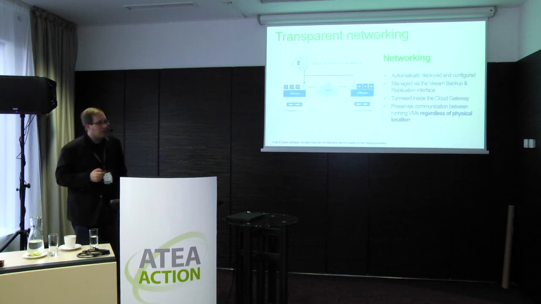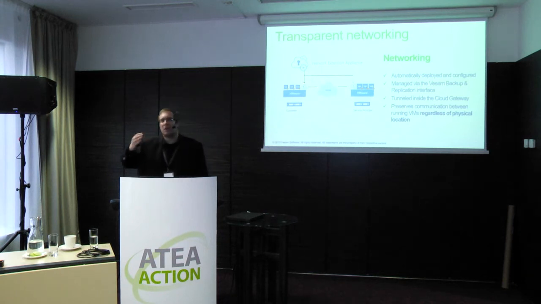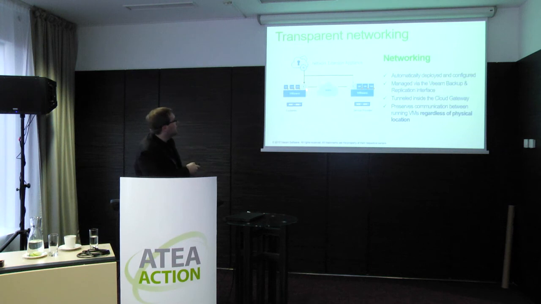So what happens right now if you lose, for example, this VM? Let's say its address is 10.10.10.25, just as an example. You lose it, and this VM gets booted up on the partner infrastructure location. Of course, it's going to have a different IP address, because the partner might have a different IP addressing policy.